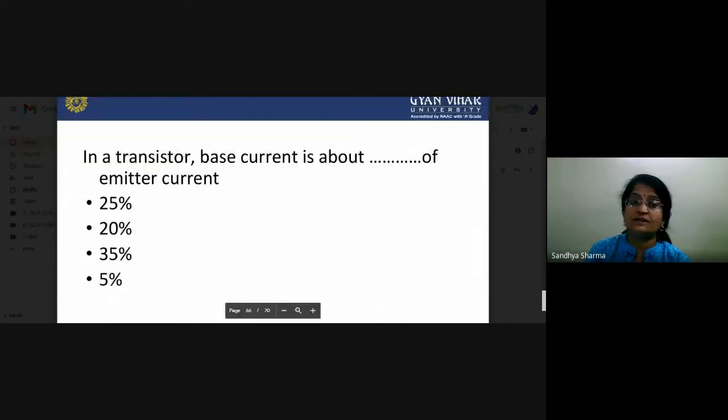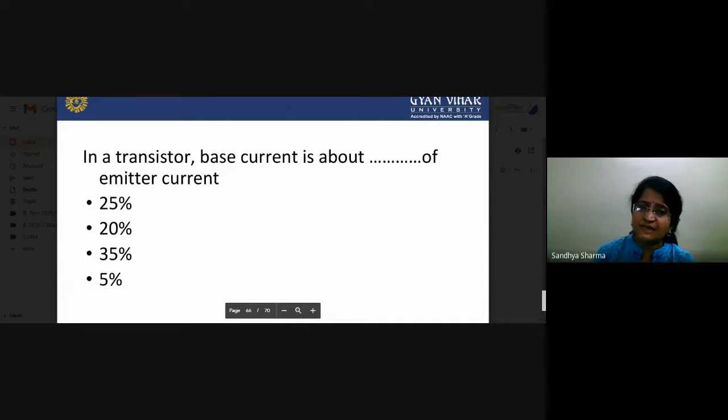So you have to know what the base current is. If you are talking about the base current, how much part of it is consumed and how much part is wasted. Why do we talk about base current as wasted?